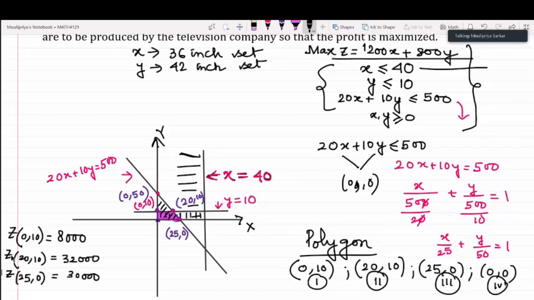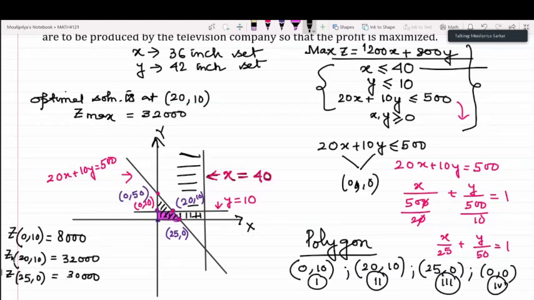So among the four options, we get the maximum value of Z at 20, 10. So we can say that the optimal solution is at 20, 10, and Z max would be equal to 32,000 rupees, the denomination that is over here, and the value will be 32,000.